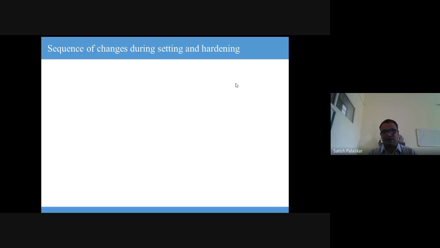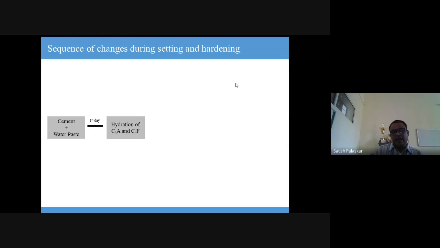Now see, sequence of changes during setting and hardening. What changes will take place in the raw materials of the concrete? Cement plus water paste. First day, what happened? Hydration of C3A and C4AF takes place.